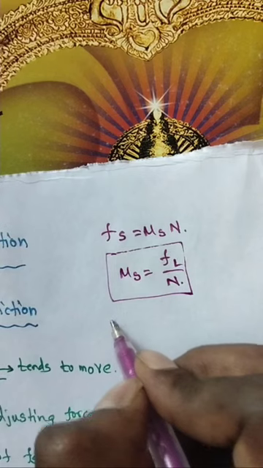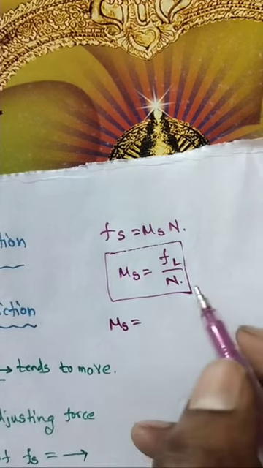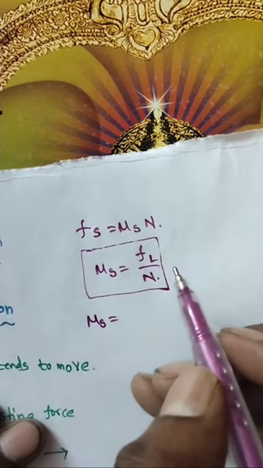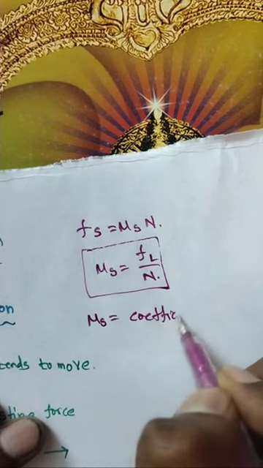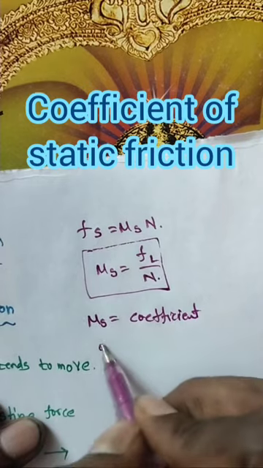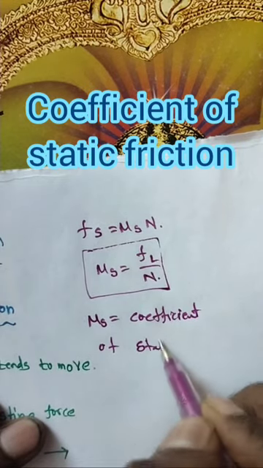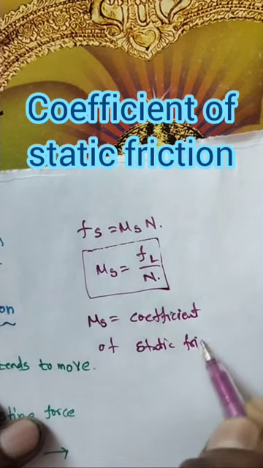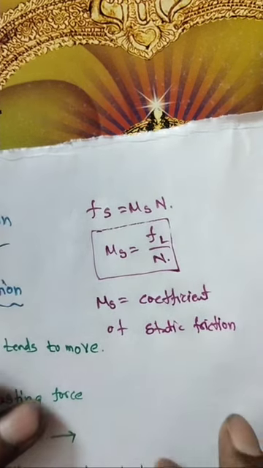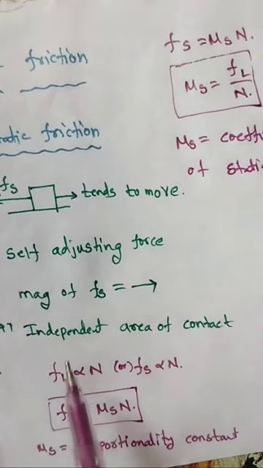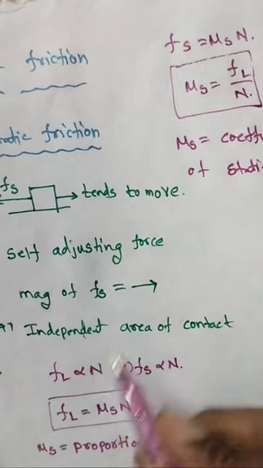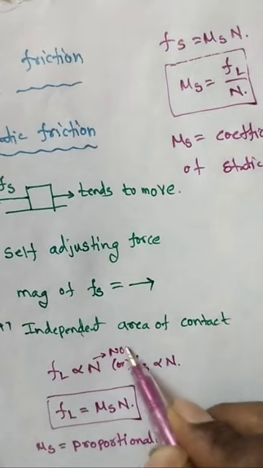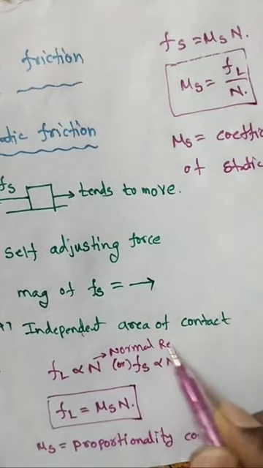Mu s is the proportionality constant. What is the other name of mu s? Mu s is the coefficient of static friction. Always, the friction is directly proportional to N, where N indicates normal reaction.